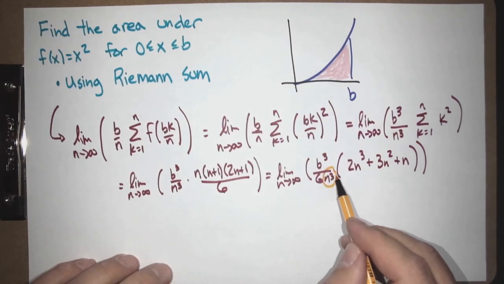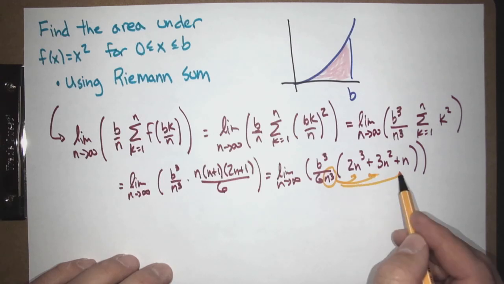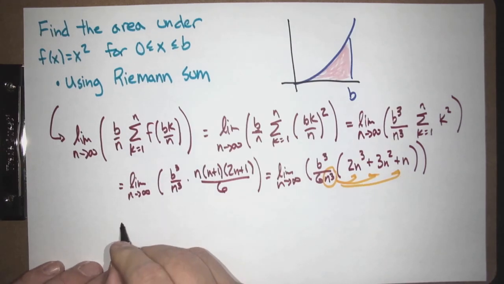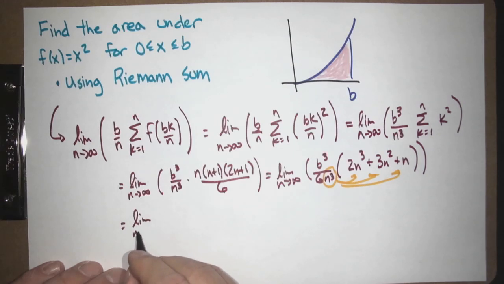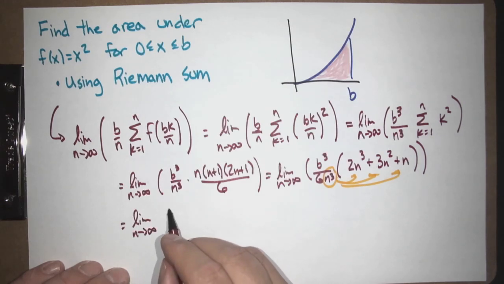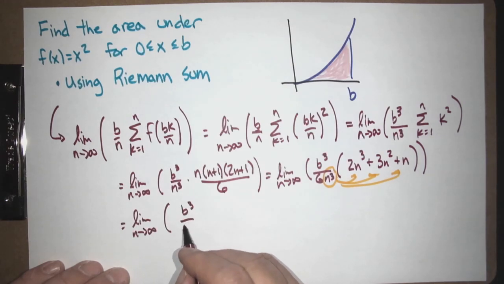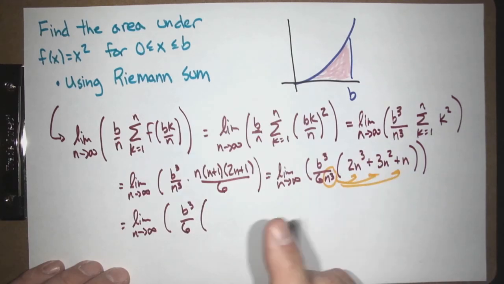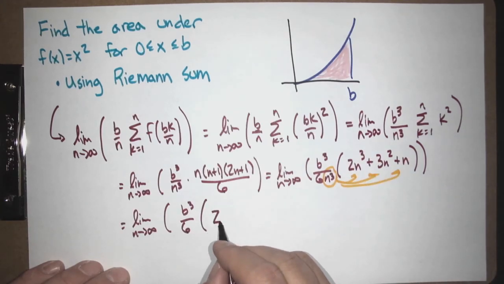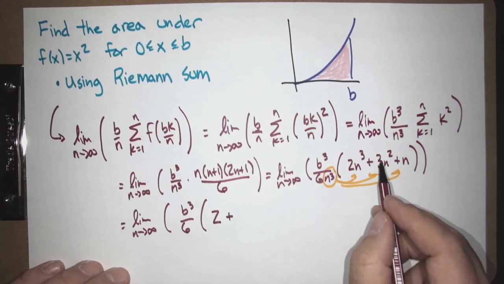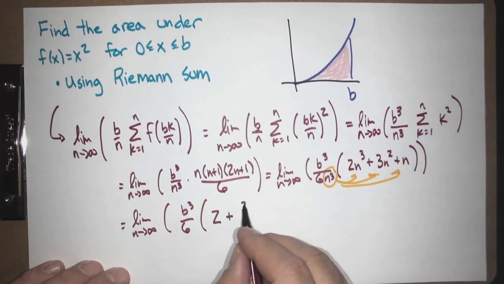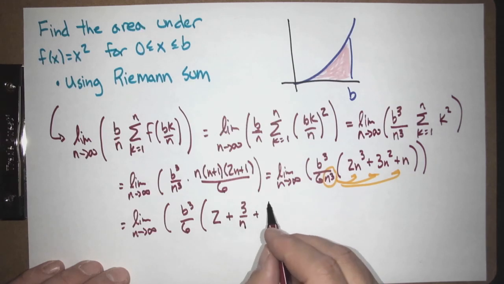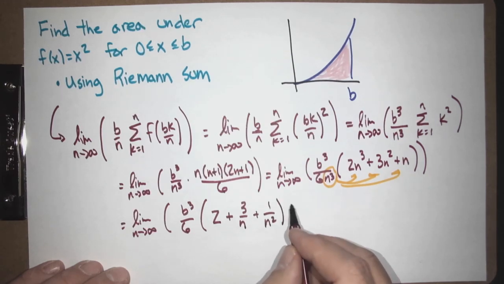We can take this n cubed and distribute it in. So this becomes the limit as n goes to infinity of the b cubed over 6 in the front. Then we have 2n cubed divided by n cubed, also known as 2. 3n squared divided by n cubed, 3 over n. n divided by n cubed, 1 over n squared.